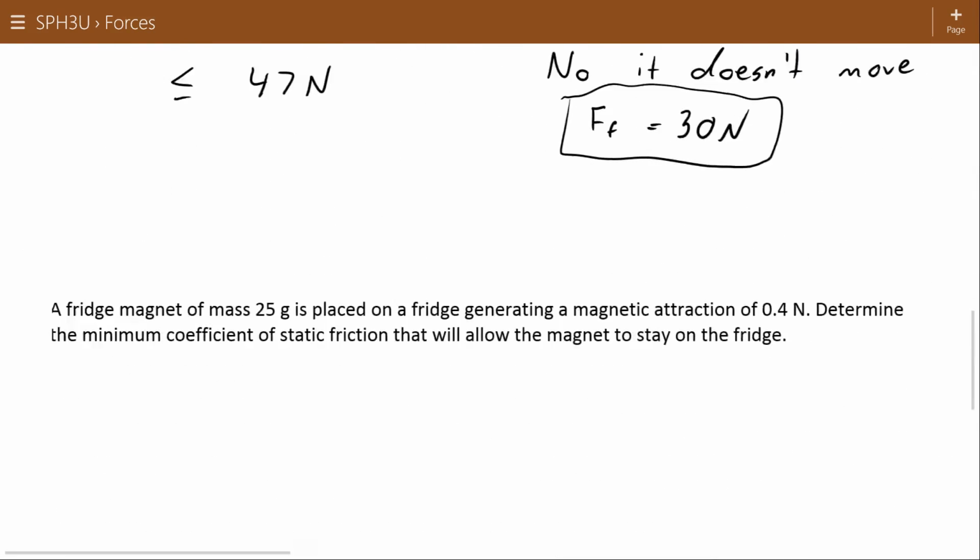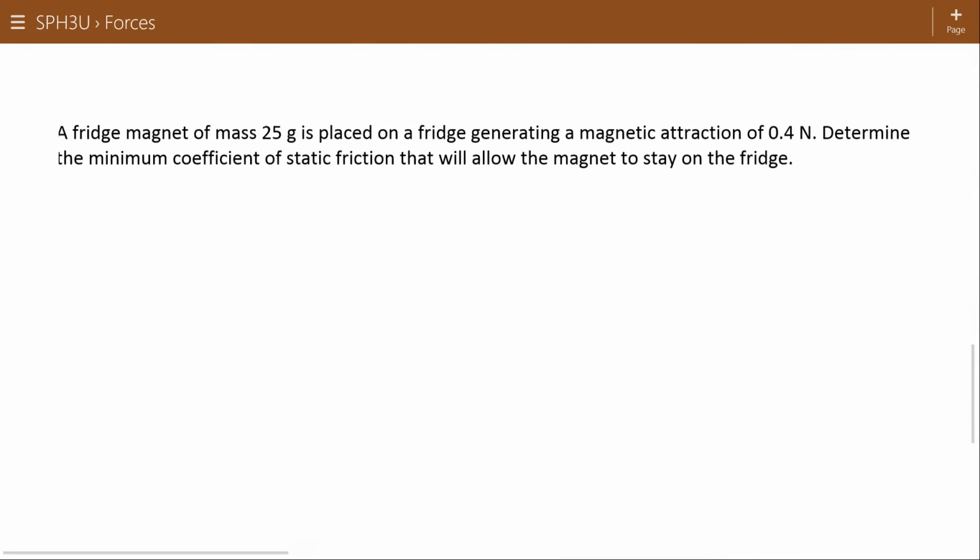Let's look at one more example. A fridge magnet of mass 25 grams is placed on a fridge generating a magnetic attraction of 0.4 newtons. So here's our 0.025 kilogram fridge magnet.